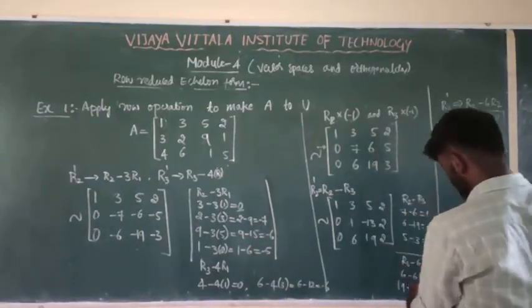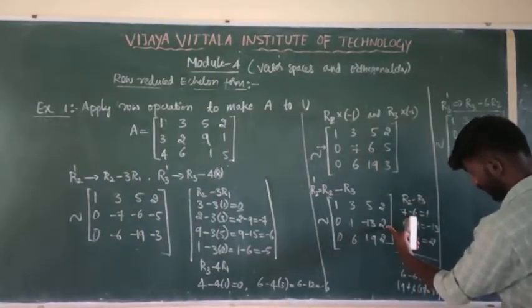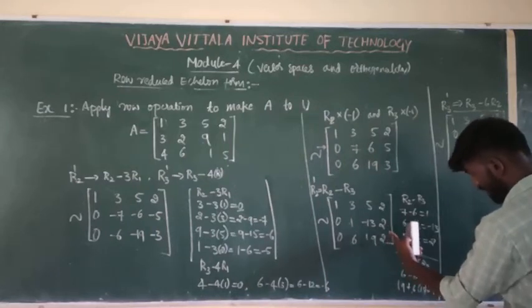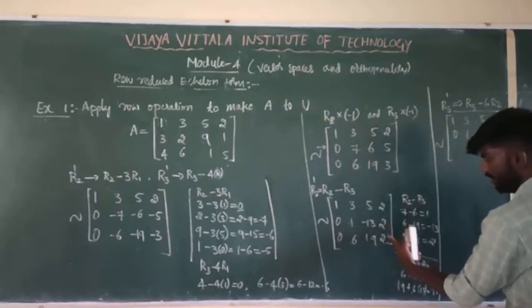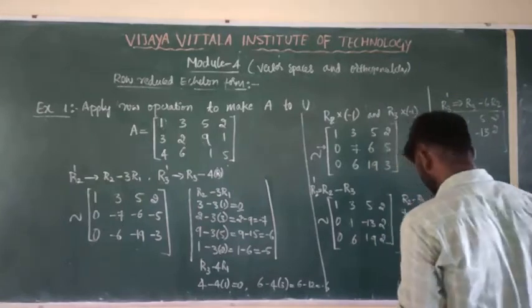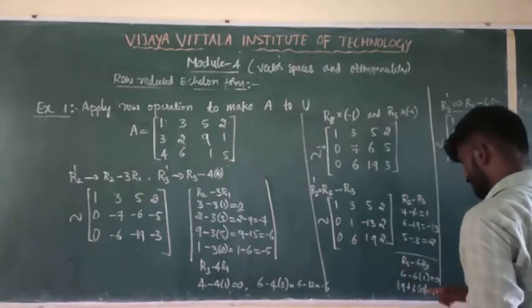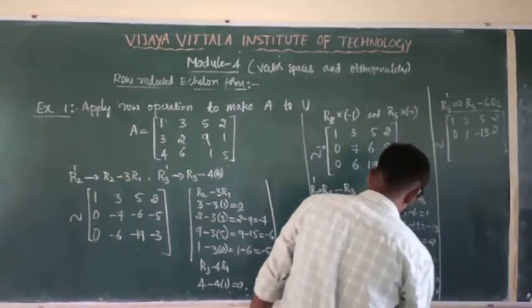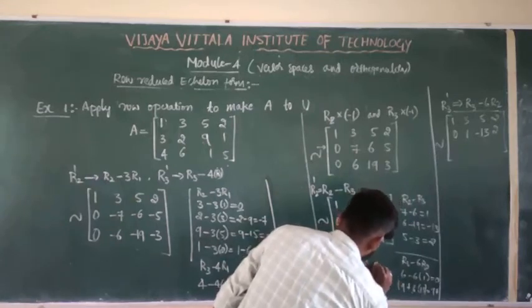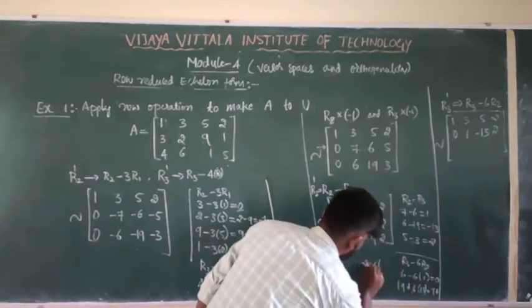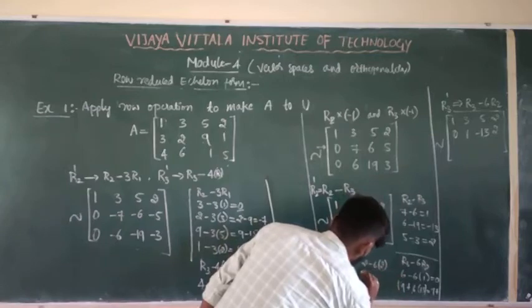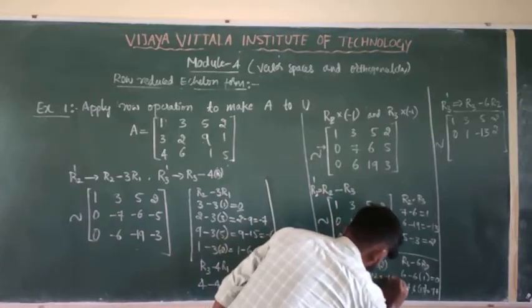Similarly for R3 minus 6 into R2: 3 minus 6 into 2 is 12, 3 minus 12 we get minus 9.